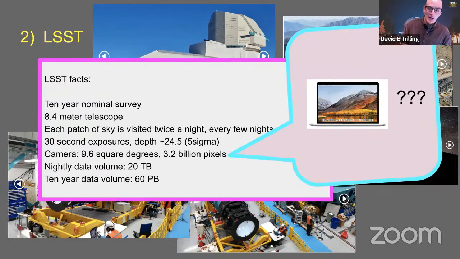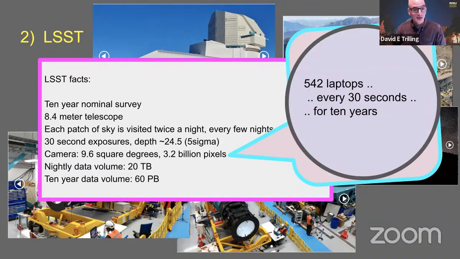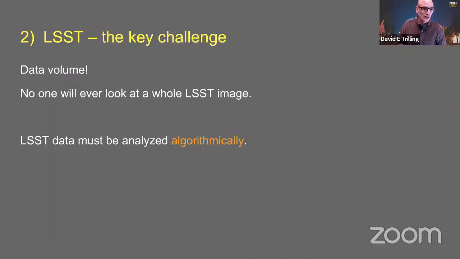Okay, so if you wanted to look at an image, here's your MacBook Pro, and I've got 3.2 billion pixels. How does it work? Well, you actually need 542 laptops arranged in an array to look at a single LSST image. And then you need to redisplay every 30 seconds all night long for 10 years. Okay, so the conclusion is that no one will ever look at a whole LSST image.